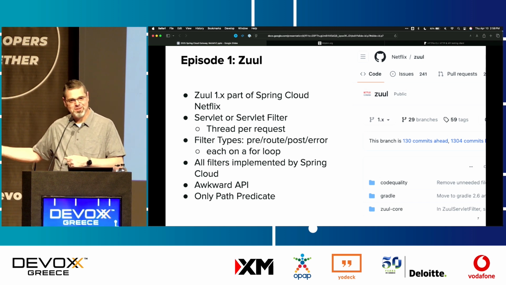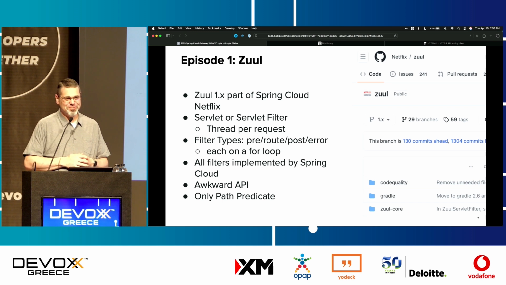So you just returned null at the end of your filter. And we only had a way to match by path. So whatever the path was in the URL was the only way we had to match. But it was popular. Netflix used it for years and years. They finally replaced it with Zuul 2. We'll talk a little bit about that later, and they're still using some version of Zuul at Netflix.